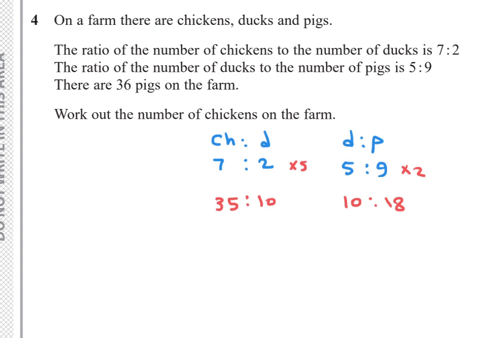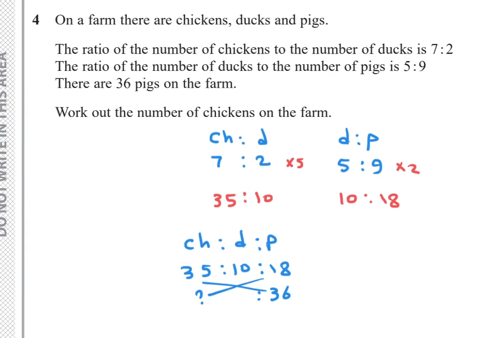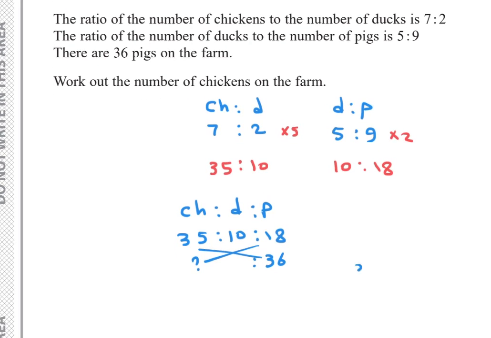So the ratio of chickens to ducks to pigs is 35 to 10 to 18. Now we have 36 pigs, so we can find the number of chickens using the cross multiply method. So 36 times 35 divided by 18 equals 70.